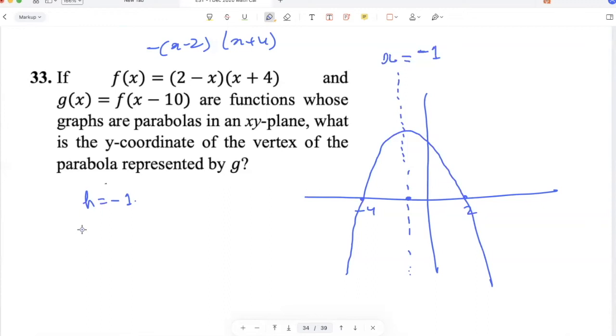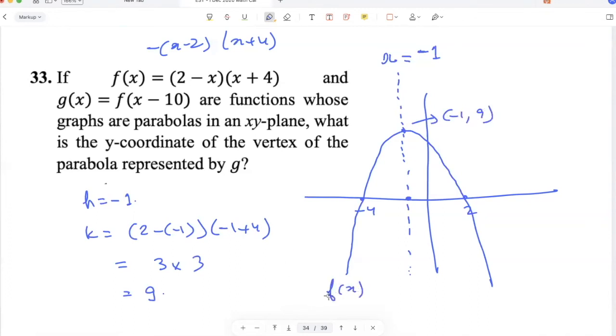So let's find the y coordinate. That would be 2 minus of minus 1 times minus 1 plus 4. So 2 plus 1, 3, and 3. So this is 9. So this vertex is minus 1 comma 9. This is for the graph of f(x). Now g(x) is f(x) shifted 10 units to the right, right?